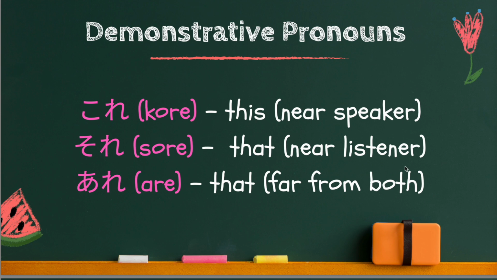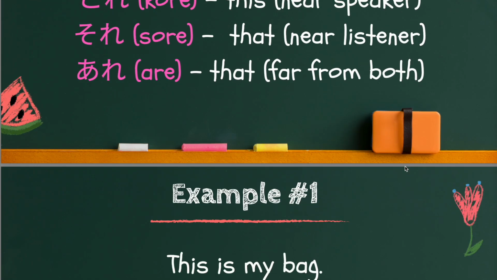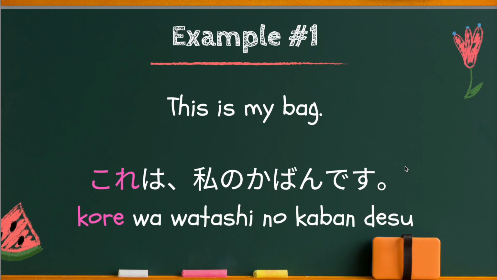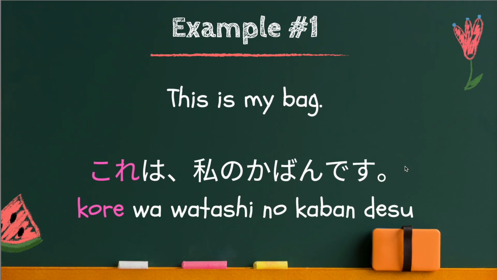So I will show you 3 examples. Example 1. This is my bag. これは私のカバンです。So this is when bag is near the speaker, near me.